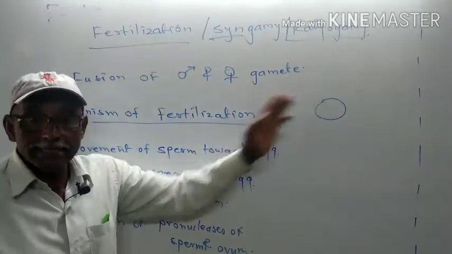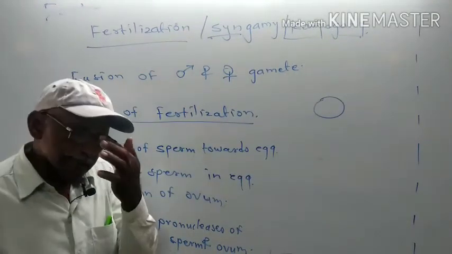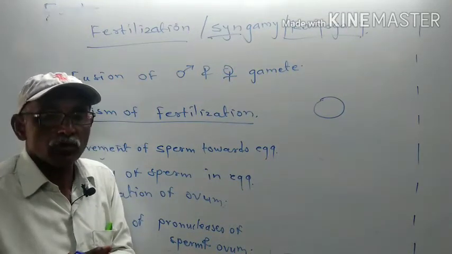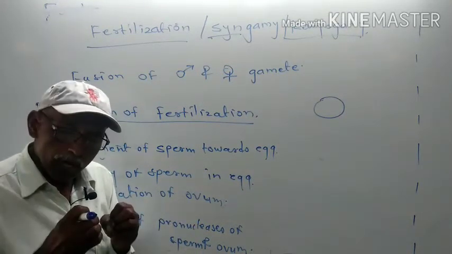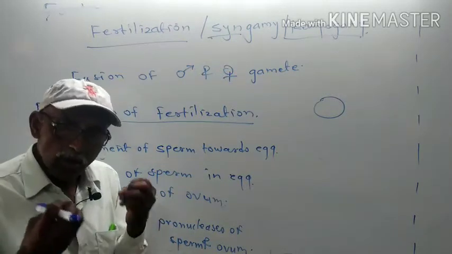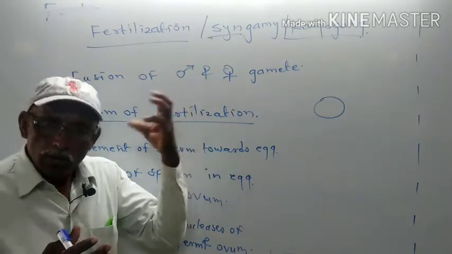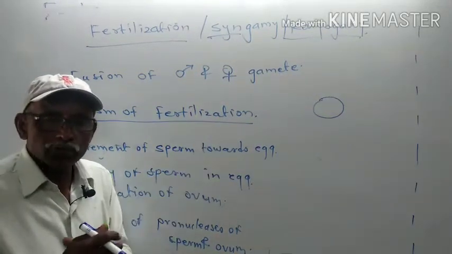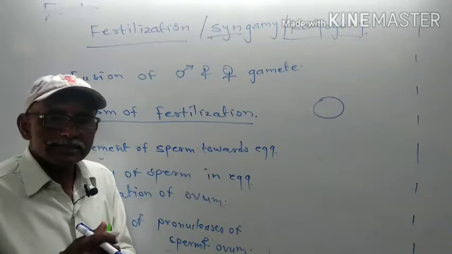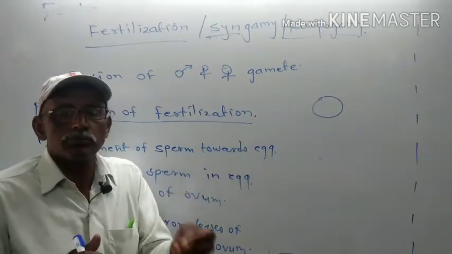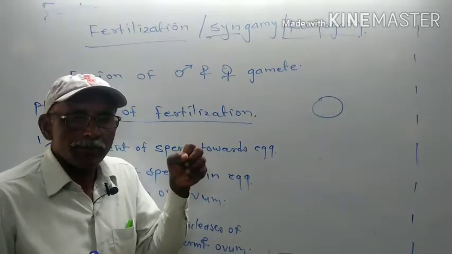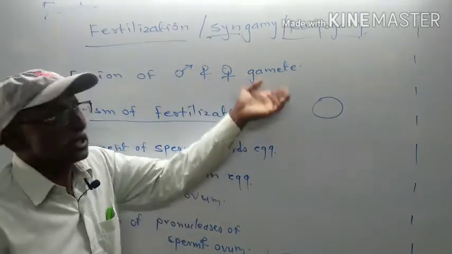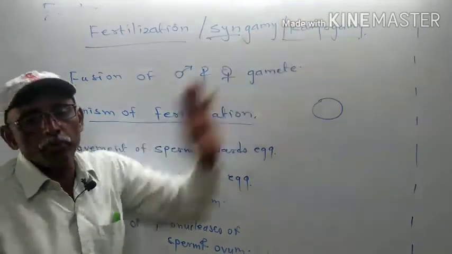It is released on the 14th day after the menstrual cycle begins, when the Graafian follicle in the ovary bursts and the ovum, or secondary oocyte, is released. This secondary oocyte is captured by the fimbriae and through the ostium it reaches the ampullary region.